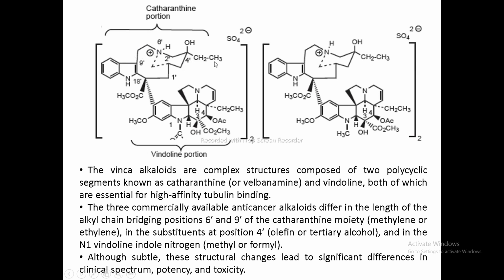Either it is an olefinic linkage or a tertiary alcohol. Also, they differ at the N1 vindoline nitrogen. Either the substitution is methyl or formyl. So this is how all these three Vinca alkaloids differ from each other.